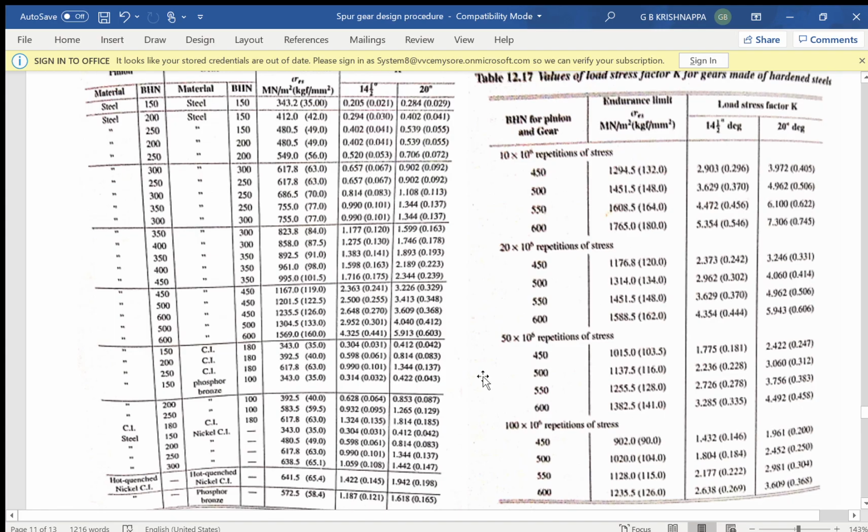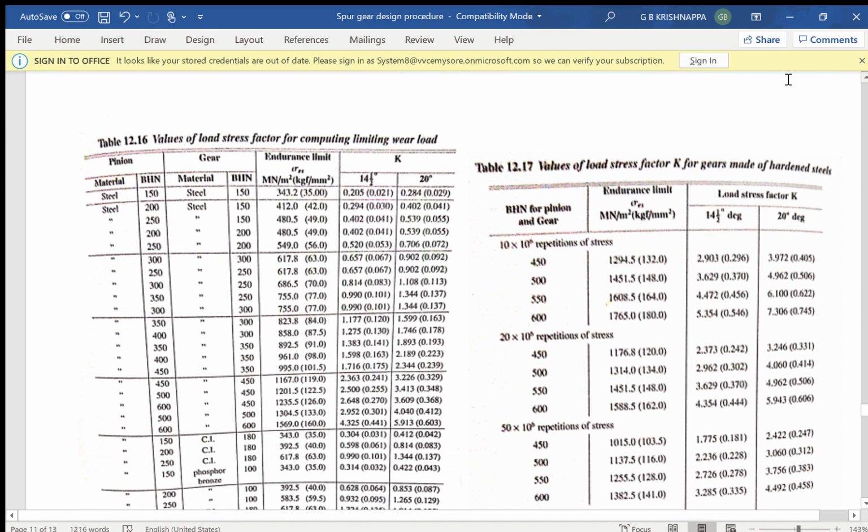Now take for example the pinion material. The pinion material is steel here, and the gear material is also steel. The pinion has surface hardness 350 and the gear has surface hardness 250, and you know that the average of these two is 300 BHN.